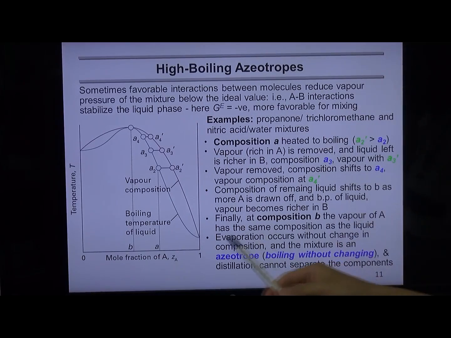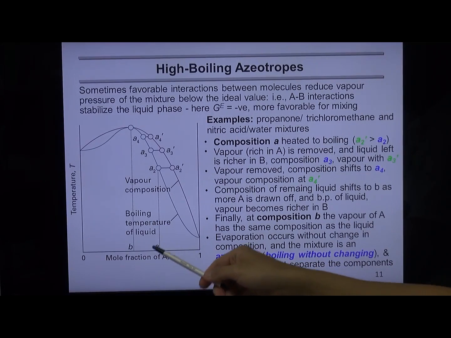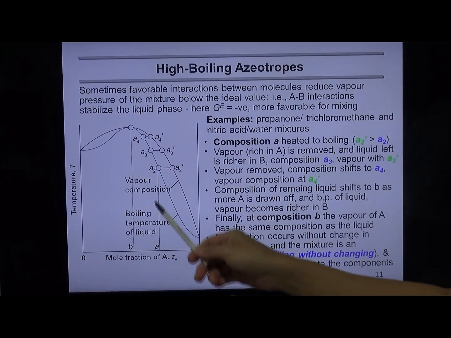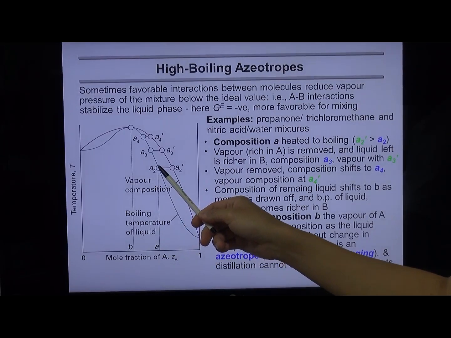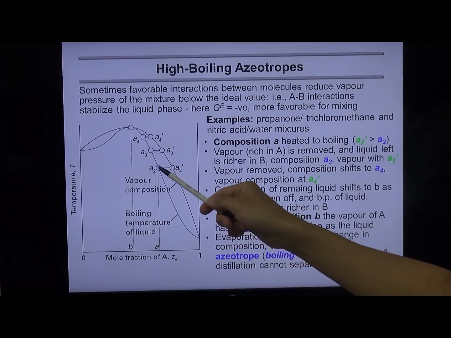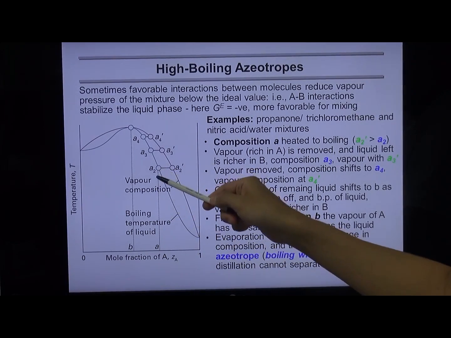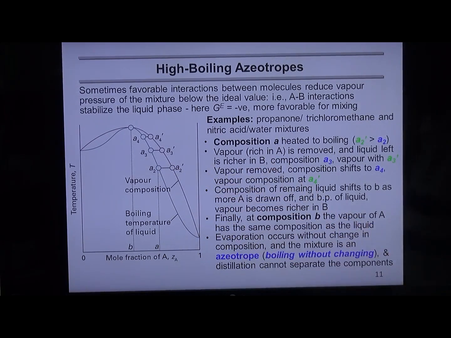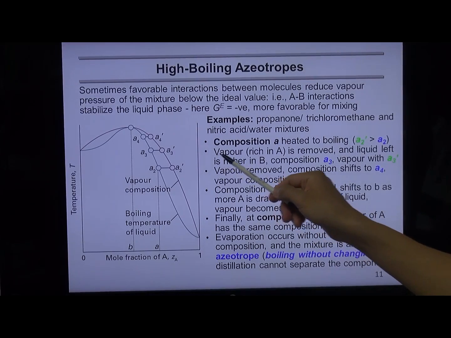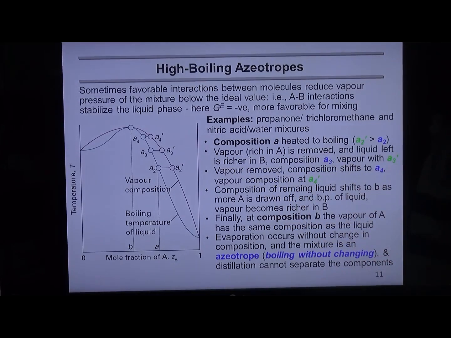Okay, let's start from here, A. You increase the temperature. It starts to boil, and the composition of the liquid is here, and the composition of the vapor is here. Then what you do is a little bit different from the previous distillation process. The vapor is removed.